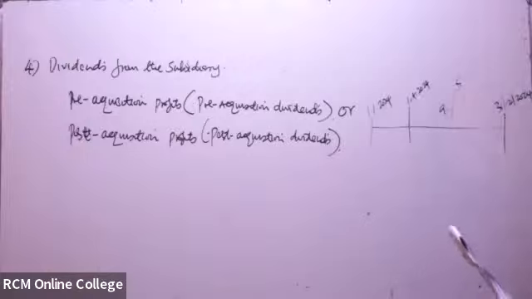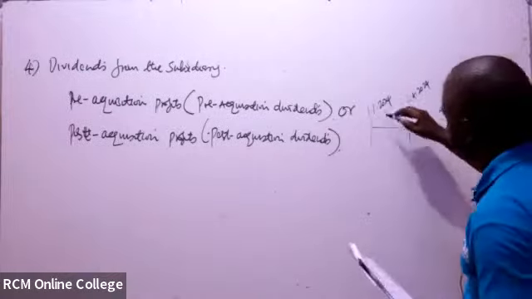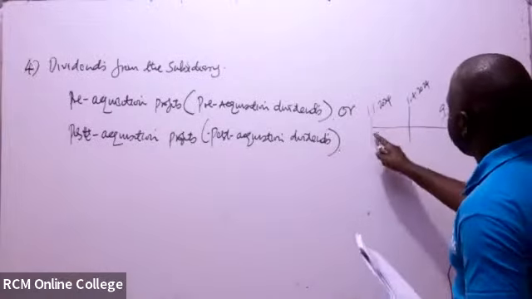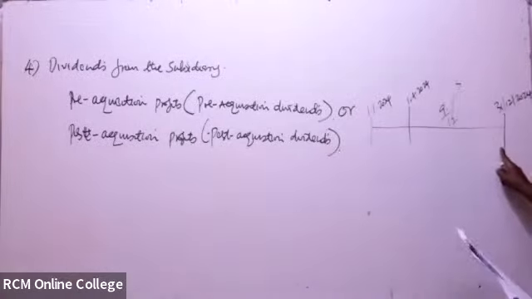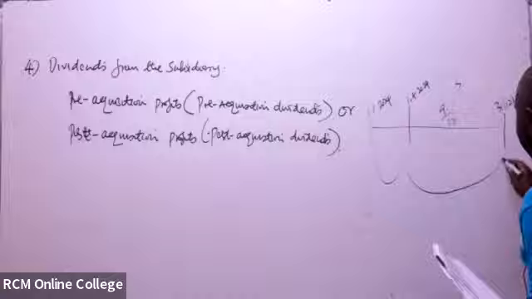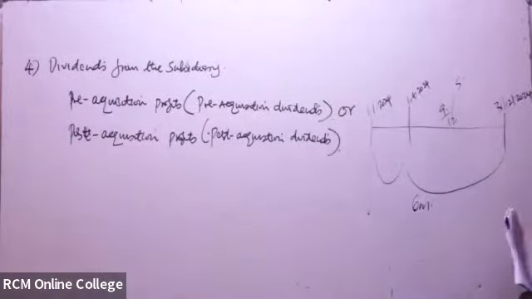So 9 out of 12. The subsidiary would have prepared their accounts for the entire year, so maybe they have reported profits for the entire year, in this case 6 million.